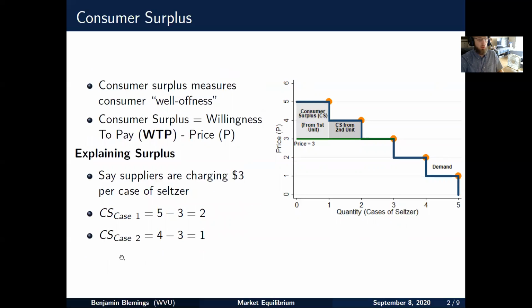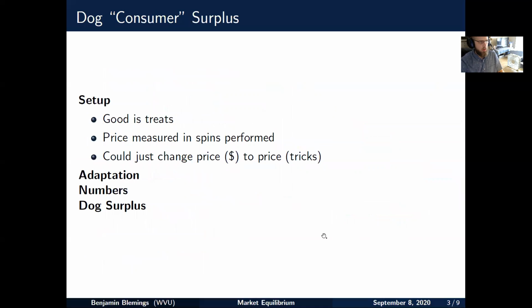Well, the consumer surplus from the second case of seltzer is lower because she valued that one at $4, but she still only had to pay 3, so it's still a good deal for her. And so the surplus from buying the second case is 1. And then we can see that the total consumer surplus is the first case's consumer surplus plus the second case's consumer surplus, which is 3.